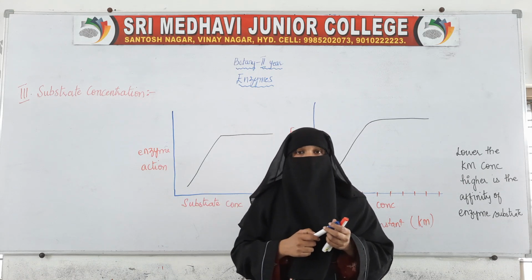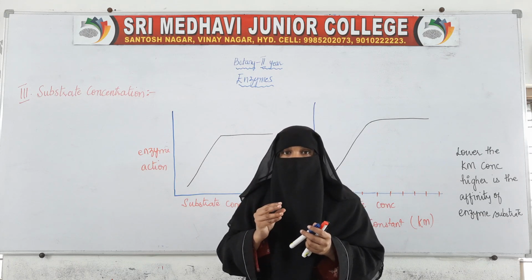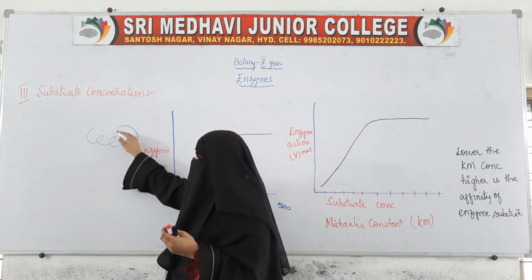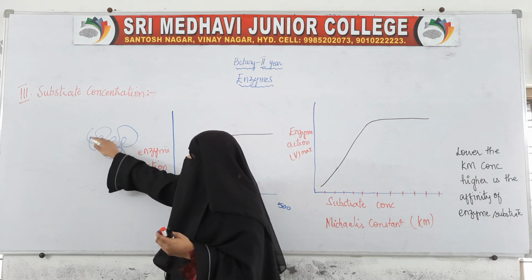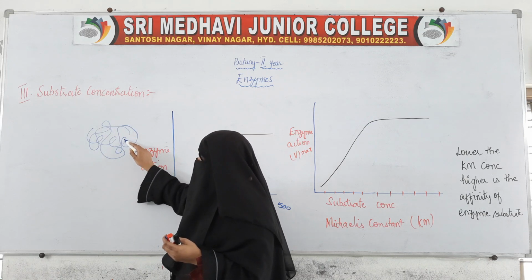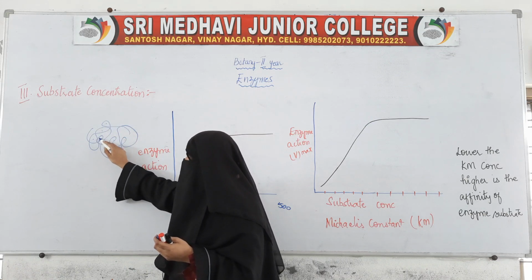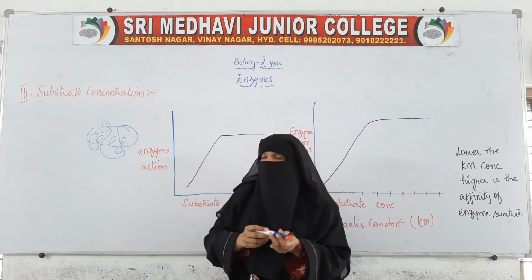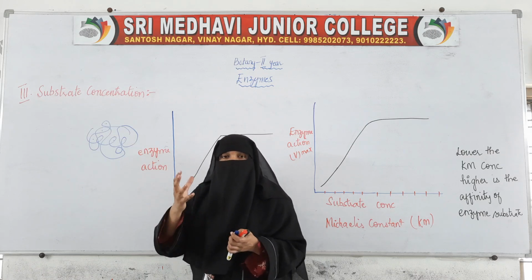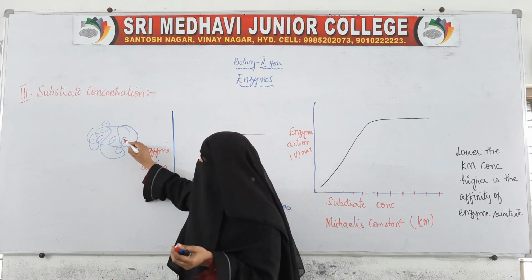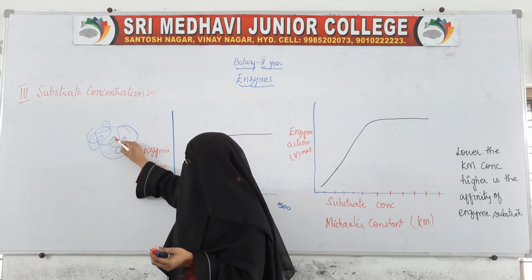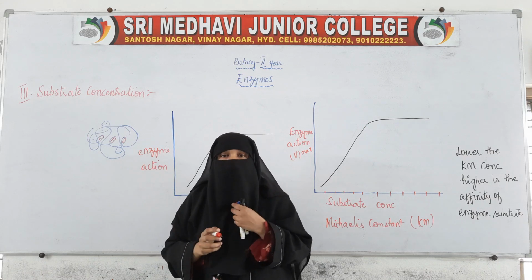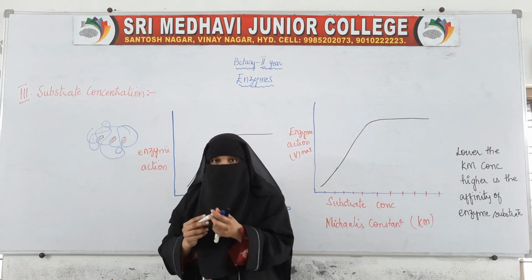for the enzymes. For example, if this is the secondary structure, further coiling is seen on the secondary structure. So many sites are there, 1 coil, 2 coil, 3, 4, 5, 6, like this, many sites inside the enzyme, and in these sites the substrate will go and fix, attaching itself. Thereby it forms the enzyme substrate complex.